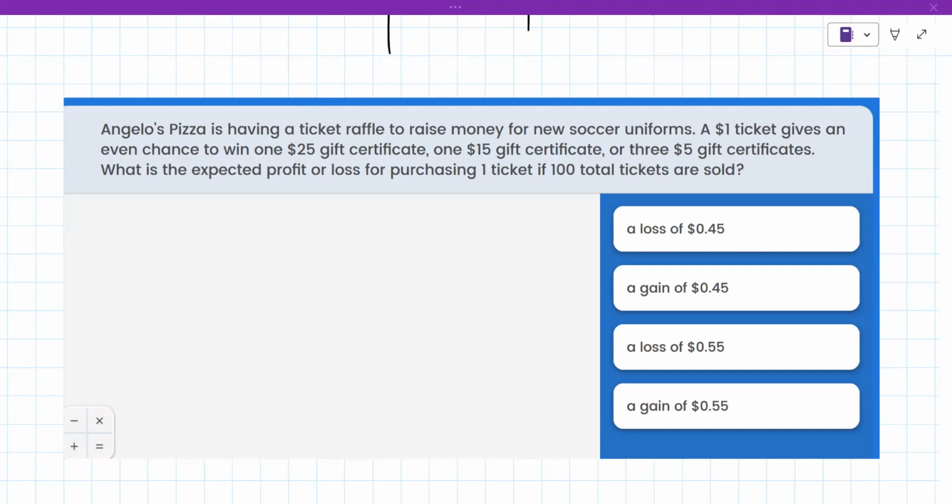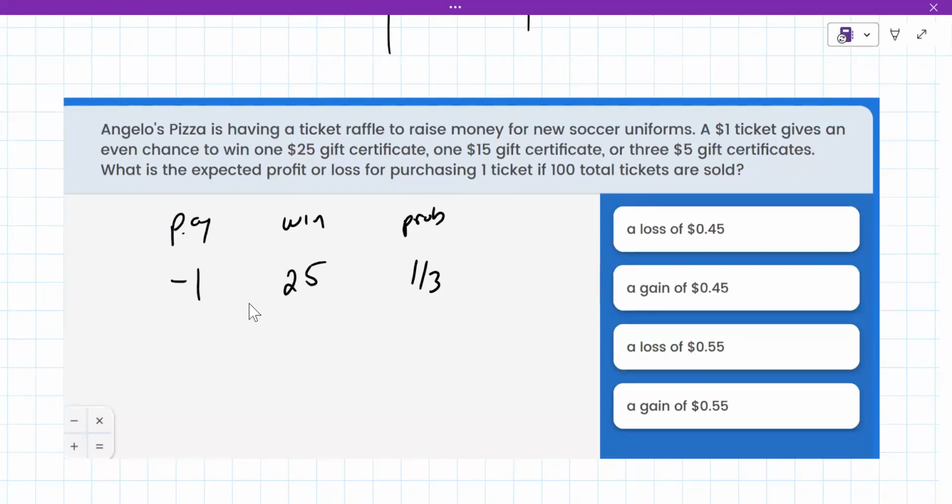So let me try to help here a little bit more. You pay $1, so you think of that as losing $1, but you could win 25, and the probability of that is 1/3 of the time.